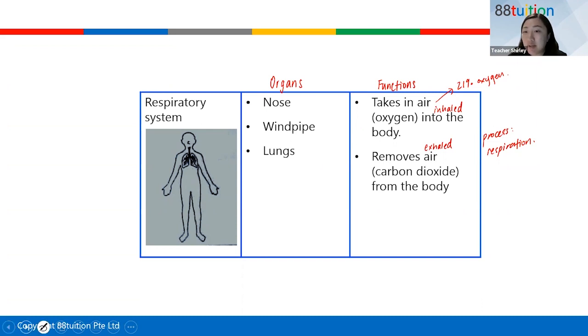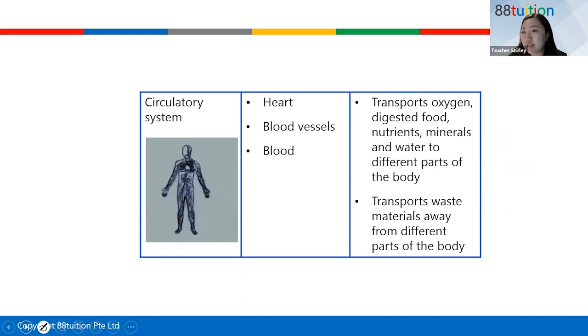Okay, I'm going to move on to the next one, very quickly, because I'm sure you have covered this before. So the circulatory system, the third system that you have to know. These are the organs involved: the heart, the blood vessels, and the blood. From the name, it suggests that it circulates. When it circulates, it travels and transports, right?